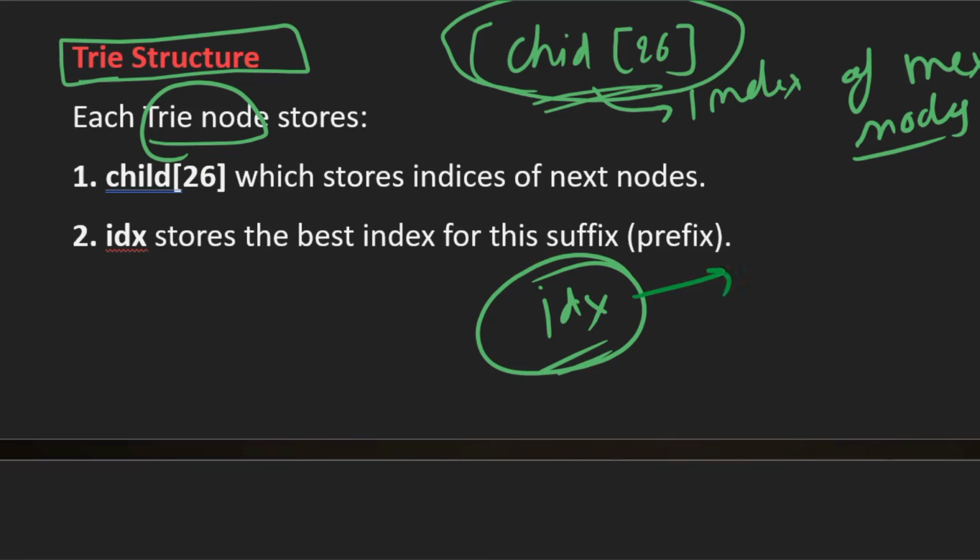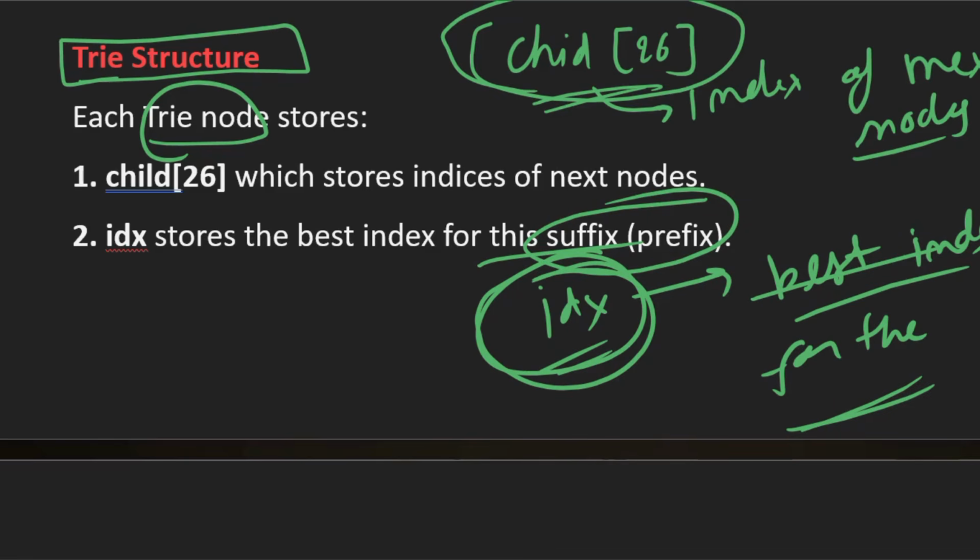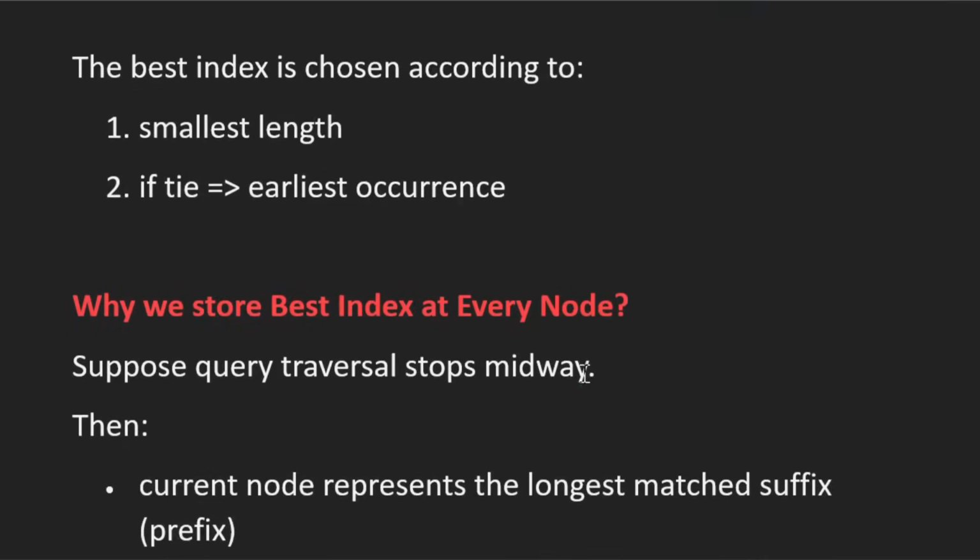It will store the best index for the current suffix or prefix that we have traversed till now, right? So our trie node structure has two things: a child array which stores the index of the next node, and a variable named index which stores the best index for the current prefix or suffix.